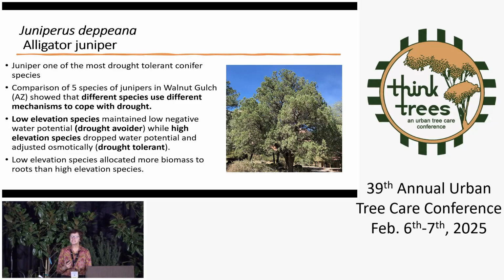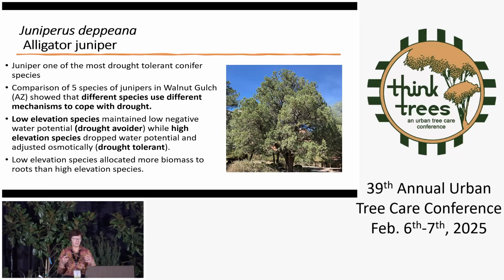And what was interesting here is that the species that were growing naturally at low elevation essentially maintained that low water potential, and they were drought avoiders. They closed their stomata at some point, whereas the ones at high elevation were drought tolerant. They just kept spending that water, and they did adjust osmotically.